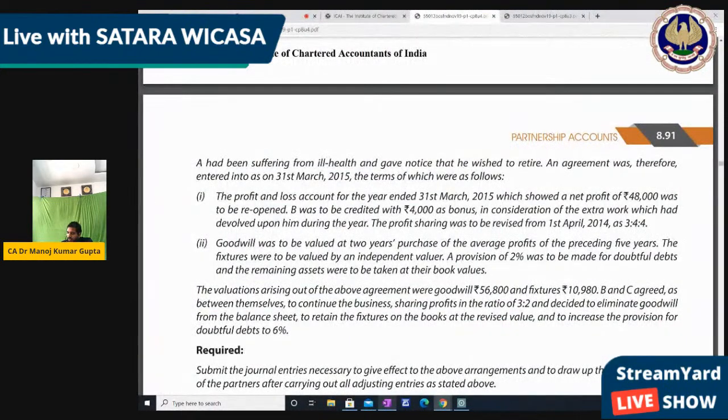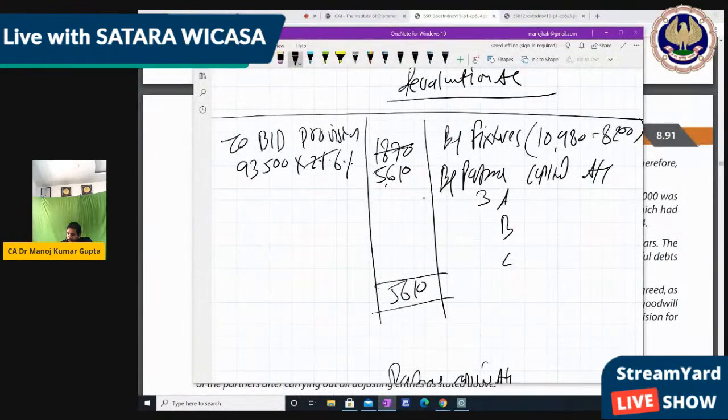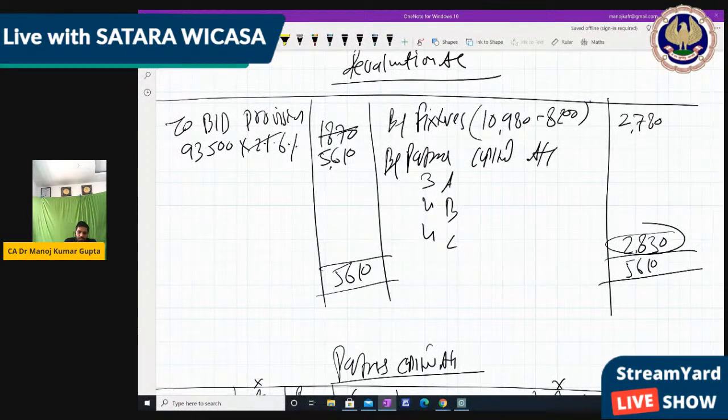In the new ratio, because they had revised it to 3:4:4. So 3,344 divided by 11: into 3, 772; into 4, 1029; and 1029. Right?